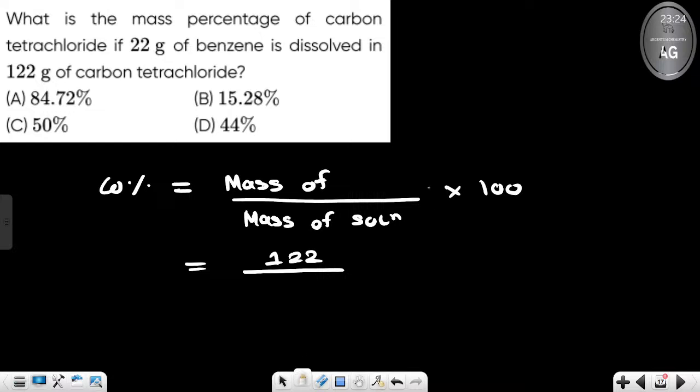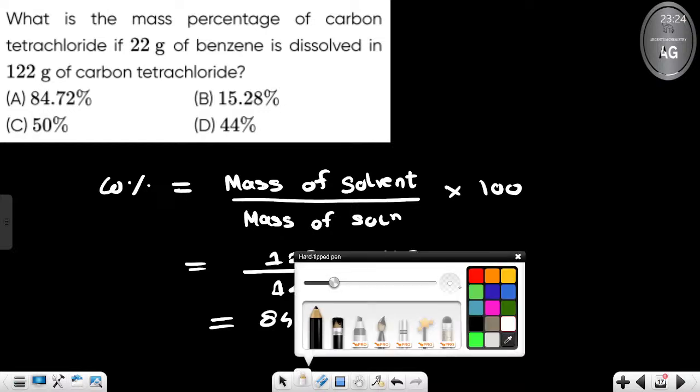So it is going to be the mass of solvent. 122 divided by 122 plus 22 is going to be 144, into 100. If you calculate the percentage, you will get 84.72. I'm guessing 122 by 144 is going to be 84.72%. So option number 1 is correct.